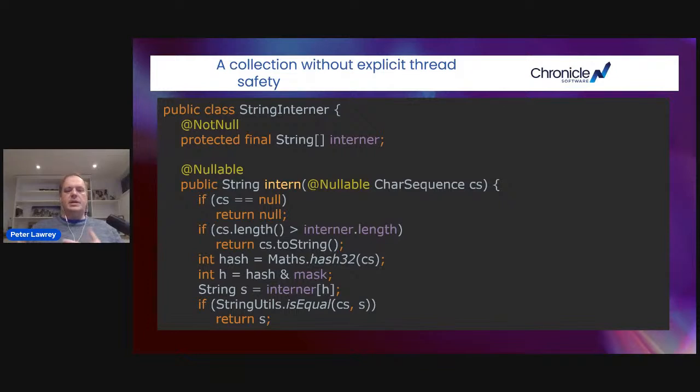And because it's a best effort class, when there is some sort of weird inconsistency, like it suddenly gets some of the array from another thread that used different strings, it will still function correctly. It just probably won't get the kind of cache hit rate that you might have expected.